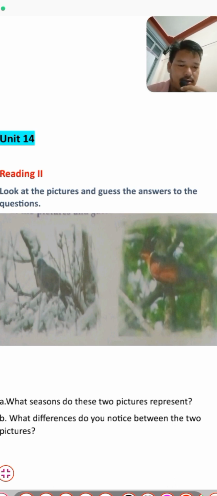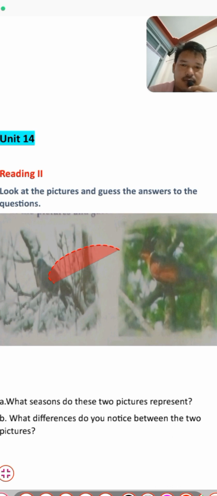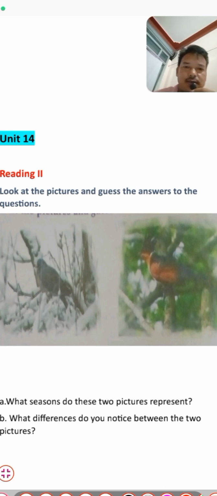First, let us discuss the picture. Students, in the first picture, we can see a snow-covered area, and all the branches of the trees are loaded with snow. In the second picture, we can see cuckoos sitting, and there are lush green leaves on the trees.